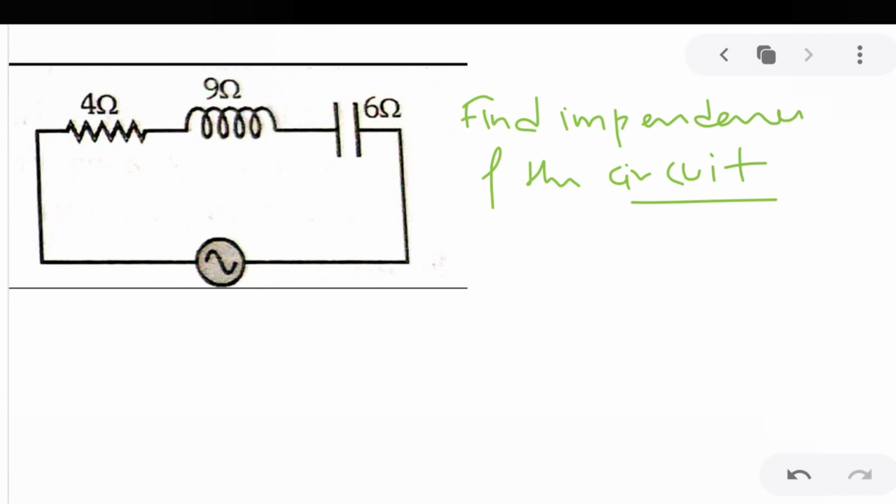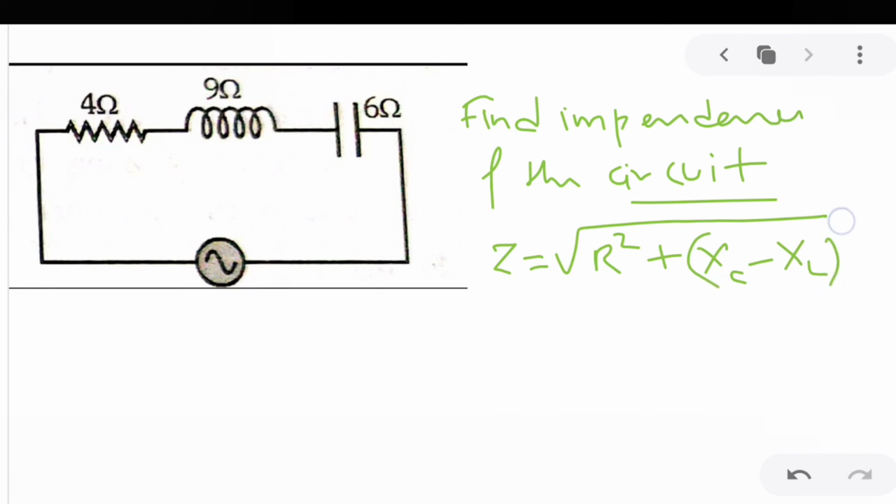Impedance is the square root of R square plus XC minus XL the whole square. This XC minus XL can also be written as XL minus XC. It doesn't matter, you will get the same solution.